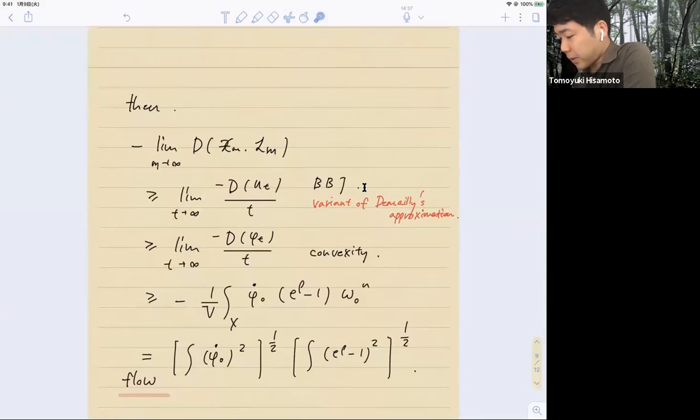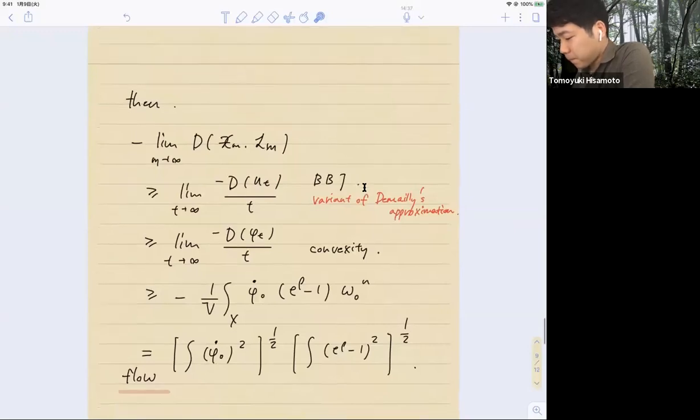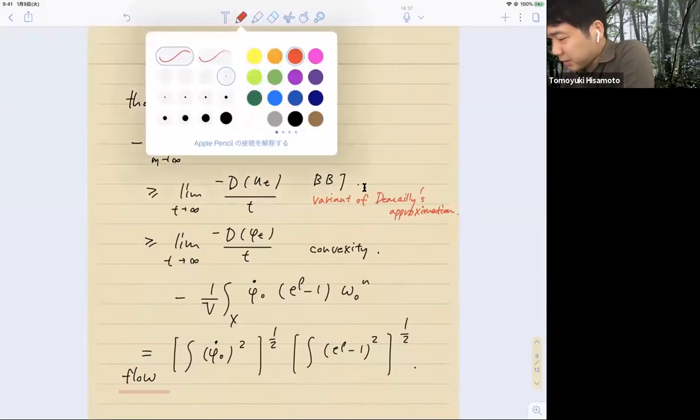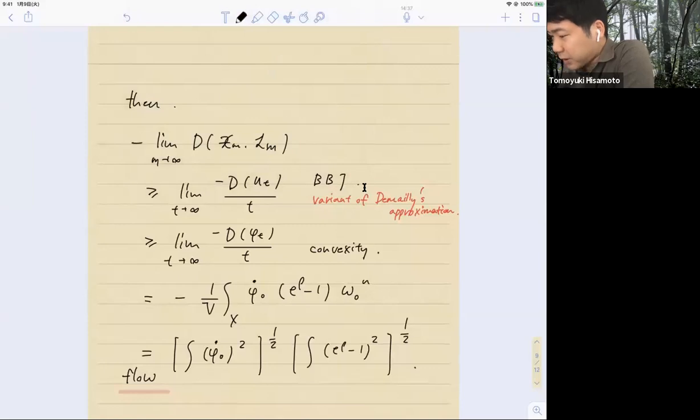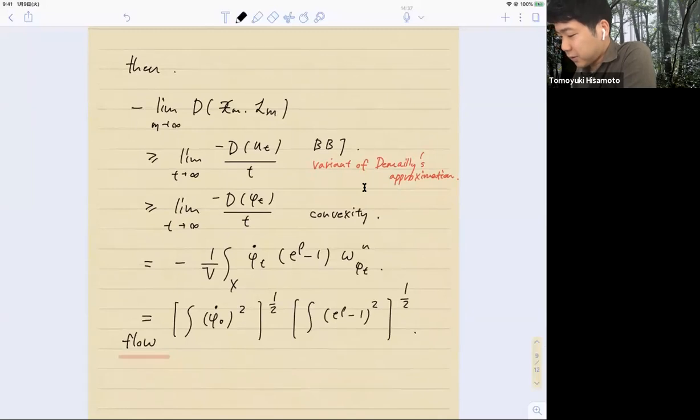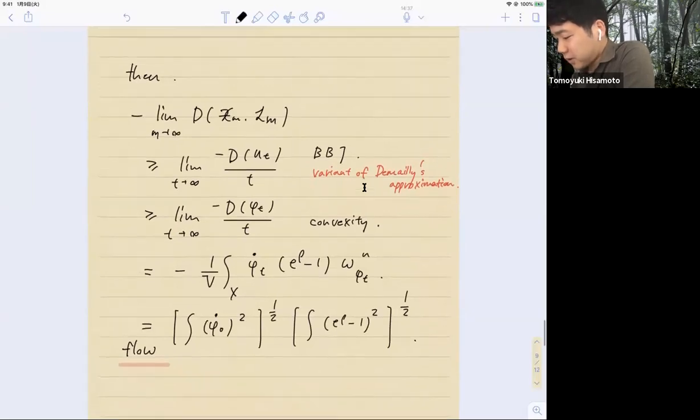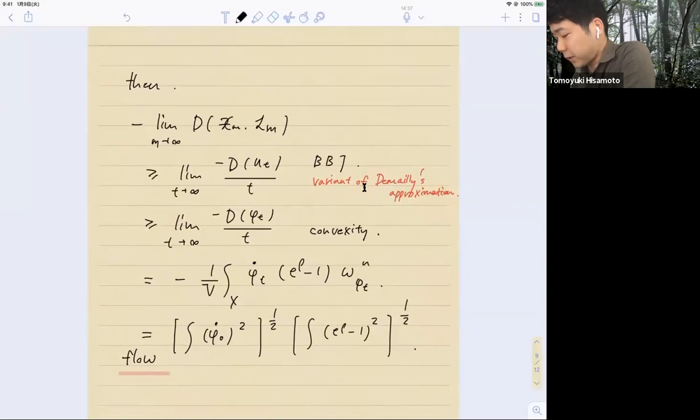And again, by convexity, the slope of D along the flow is... I'm sorry, this is an equality, and this is for t. So for any t, the slope of D at phi is, by definition, minus the integration of phi dot against e to the rho minus 1.